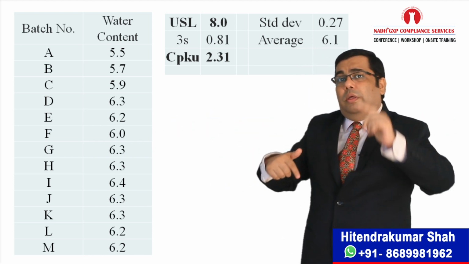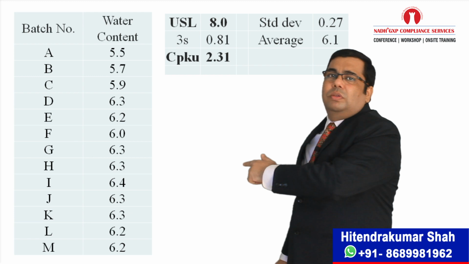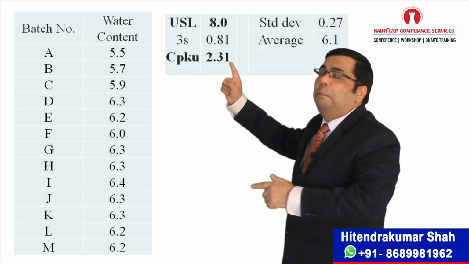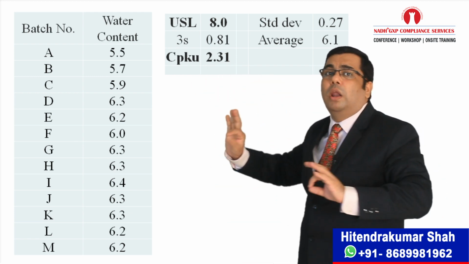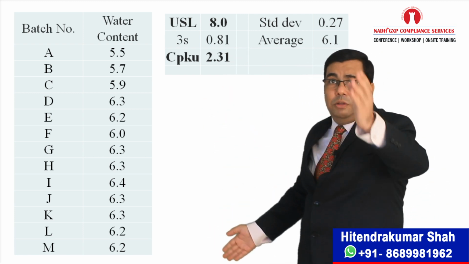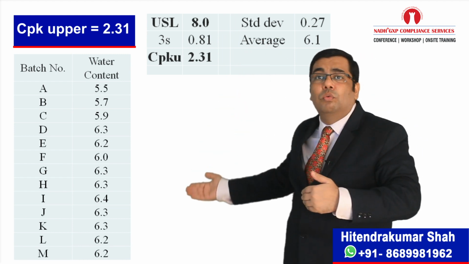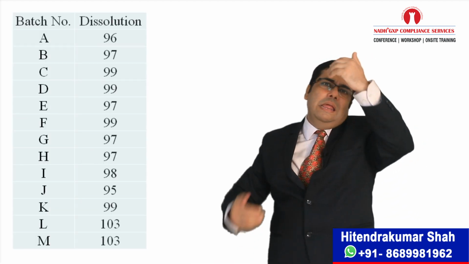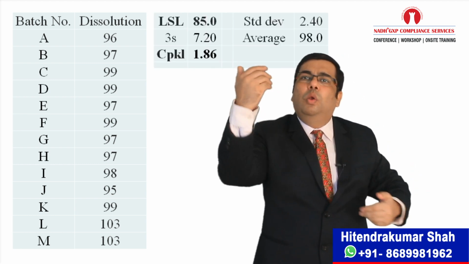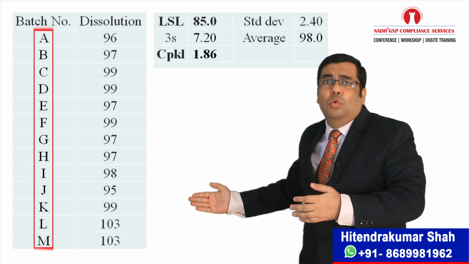So if we want to calculate CPK for this case, we have to consider the CPK upper value only. If we calculate the CPK upper limit as per the formula, we will see that the CPK upper value is 2.31.